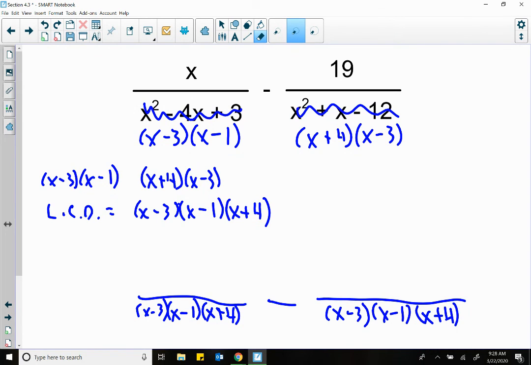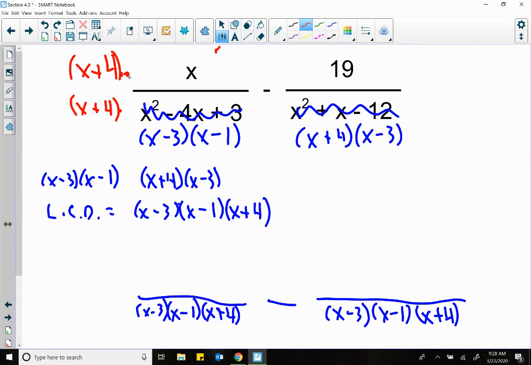Okay? So, here's what we have. Here's what we want. What's missing? The x plus 4. So this guy's got to get multiplied by an x plus 4. So does the numerator.